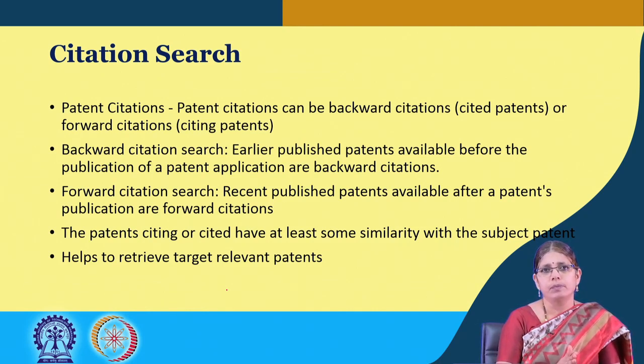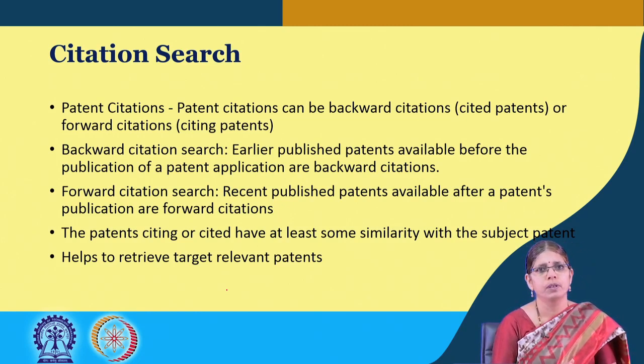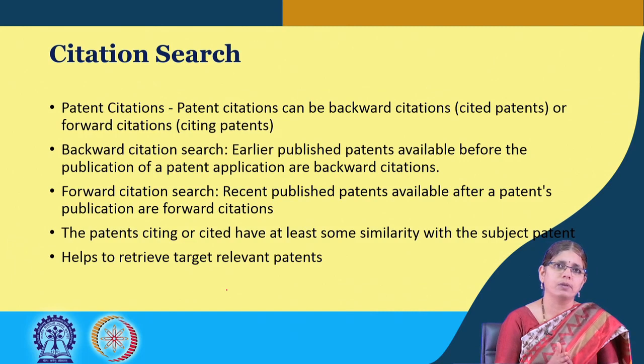What does it mean? Given a particular target area, some patents are very similar in relation to a particular invention. So, one can assess the strength of an area based on the number of citations of that particular patent. Today, citation search is an integral part of patent search to assess the value of a particular patent.